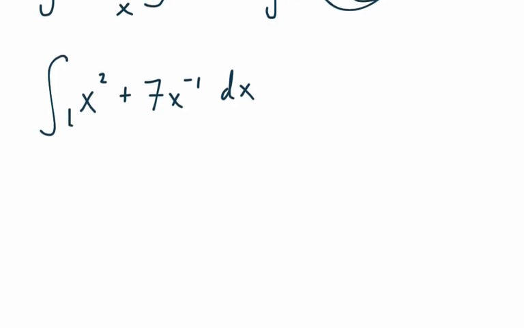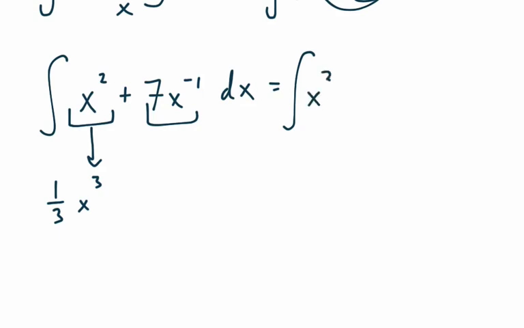When we integrate this, the x squared is just a power rule, so that's just going to be 1/3 x cubed. This other term is kind of weird, right? So it might be more convenient to rewrite it as 7 over x dx. And if you notice, if we move the 7, it's really 7 times 1 over x.